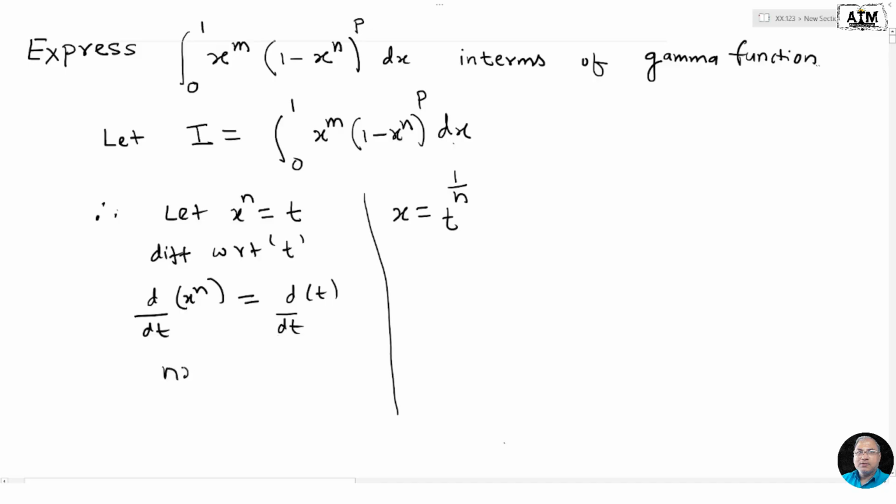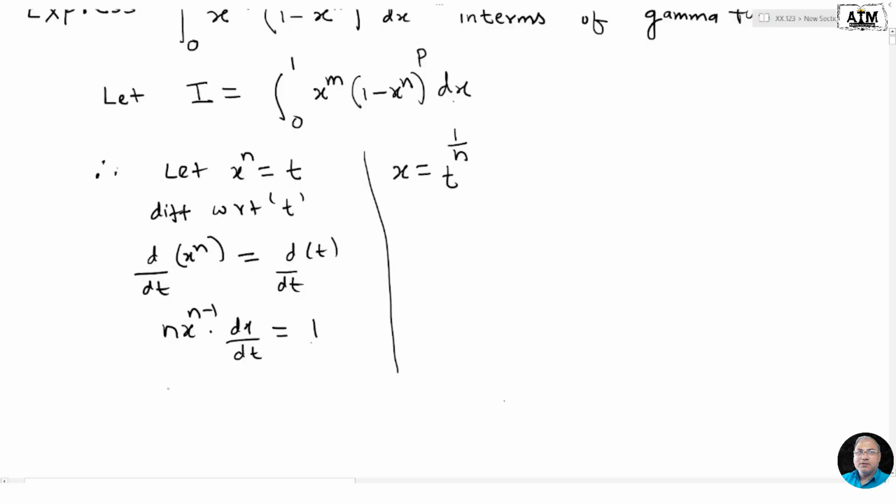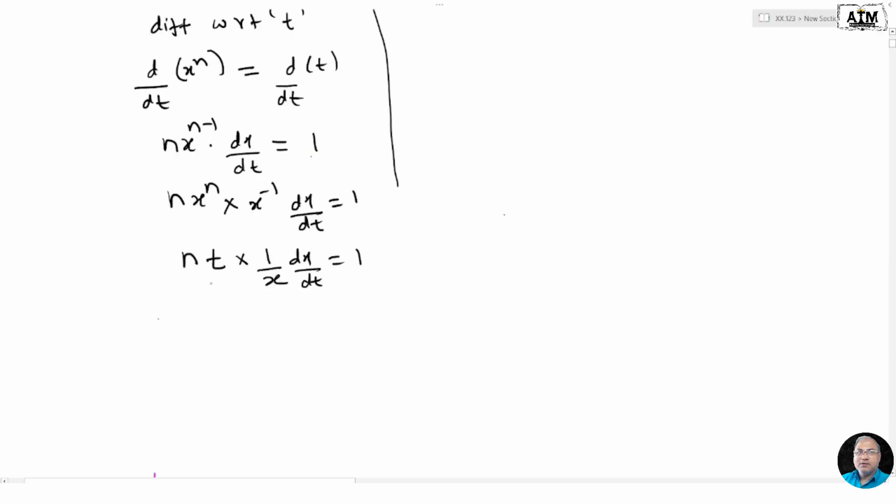We get n x raised to n minus 1 multiplied by dx by dt equals 1. This can be written as n x raised to n multiplied by x raised to minus 1 dx by dt equals 1.